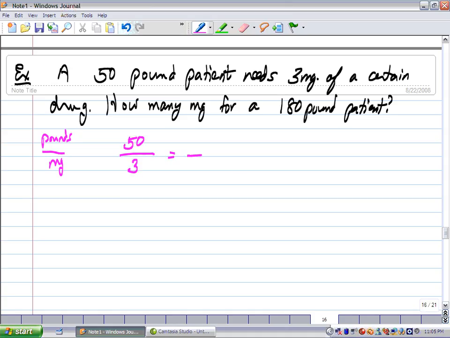It's 50 pounds, 3 milligrams. How many milligrams? I don't know. 180 pounds.